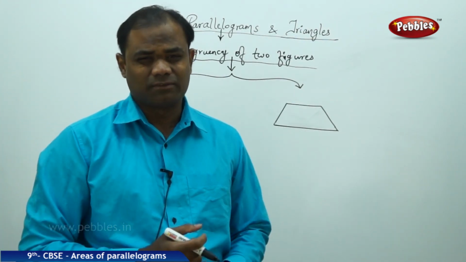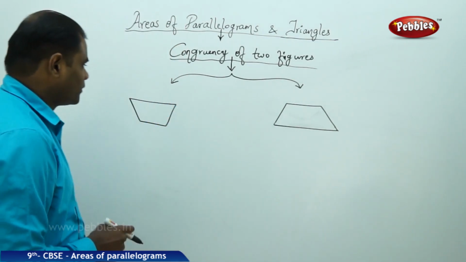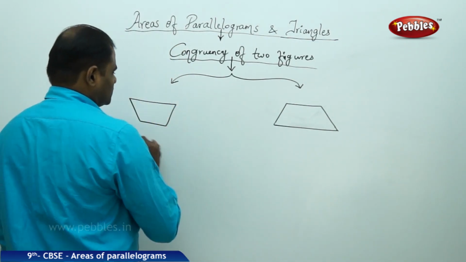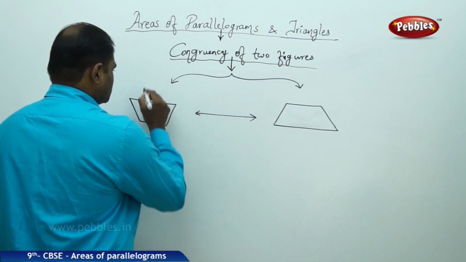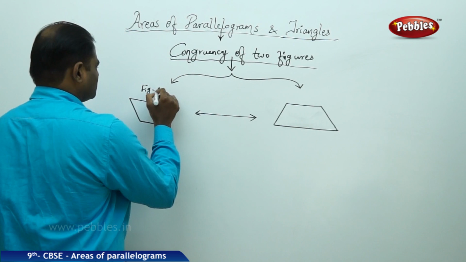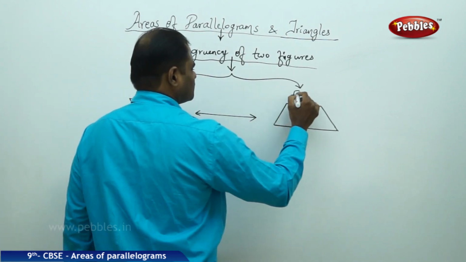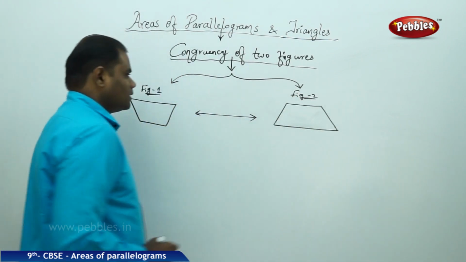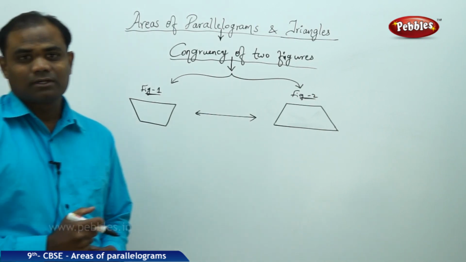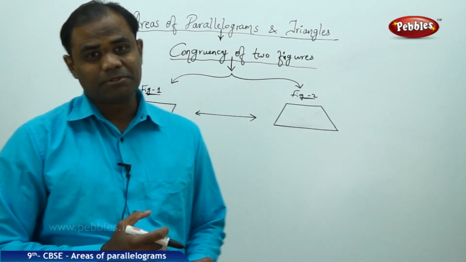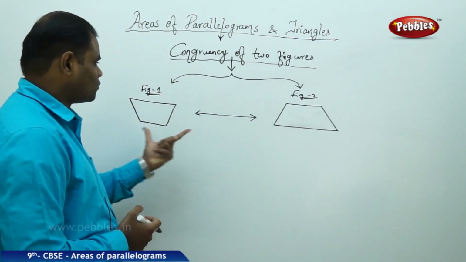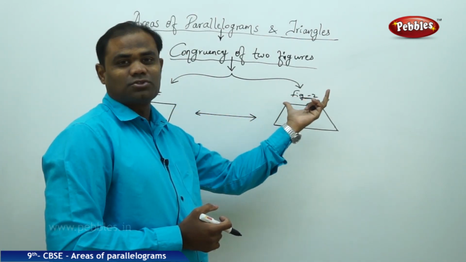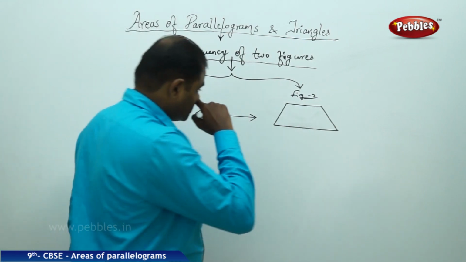What is congruency of these two figures? Congruency of two figures, these two are said to be congruent. This is figure 1 and figure 2. Both the figures are said to be congruent if they have same shape and same size. Imagine this is in this form, and if I rotate this to the top, also it has the same shape.